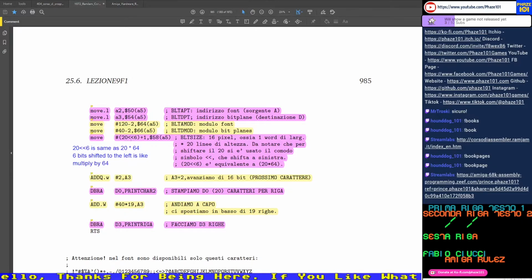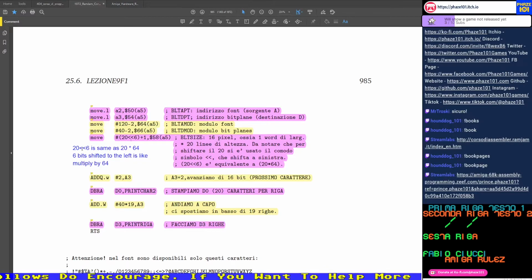Now the difference: he introduced something new here, which I'm explaining. He's saying 6 bits are shifted to the left. This is the same as doing 20 times 64. So we are shifting it 6 bits, which is the same thing. Sometimes people write this, sometimes people write that, so he's making you get accustomed to it.